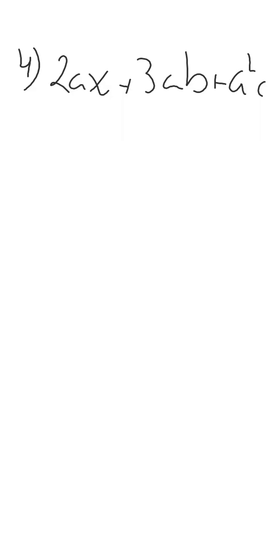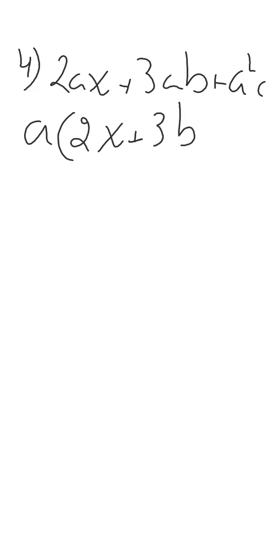So we have a squared, so of course we can take just a, 1a. If we take a from the first term, we still have 2x. From the second one, it's 3b. From the last one, we have a squared, take from it a, so we still of course have 1a, and what finally? c.